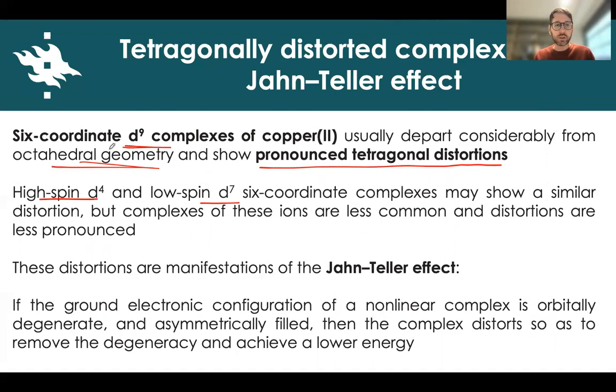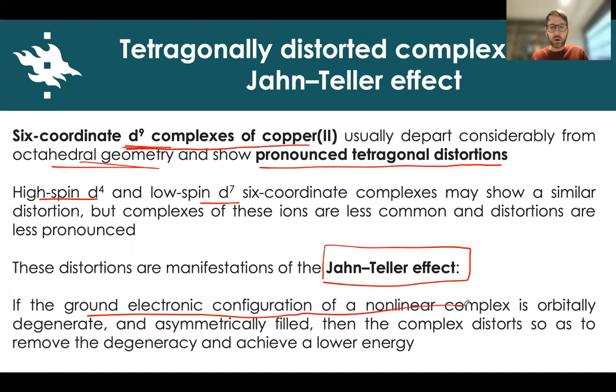And this distortion that occurs for d9 complexes, this tetragonal distortion of the octahedral geometry, is an example of the Jahn-Teller effect. So the Jahn-Teller effect means that if the ground electronic configuration of a non-linear complex is orbitally degenerate and asymmetrically filled, then the complex distorts to remove the degeneracy and achieve a lower energy.